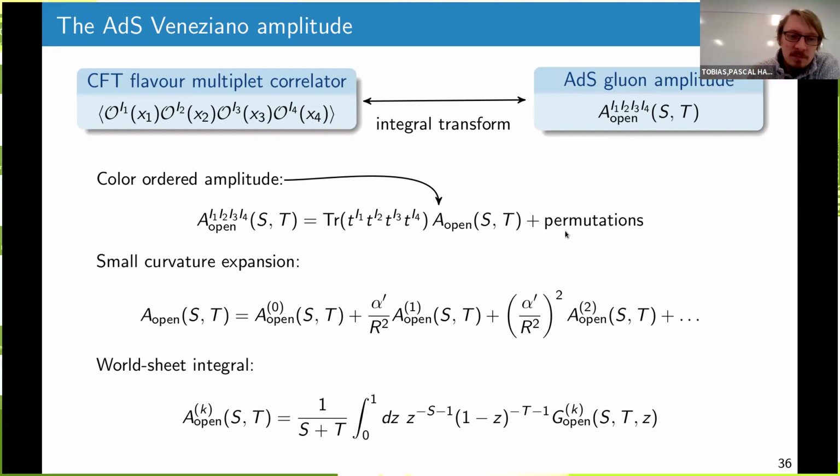Again, we do the same small curvature expansion. In this case, we define the worldsheet integrand like this, as an integrand of this open string integral. Everything works as before, so we can straight away go to the ansatz.